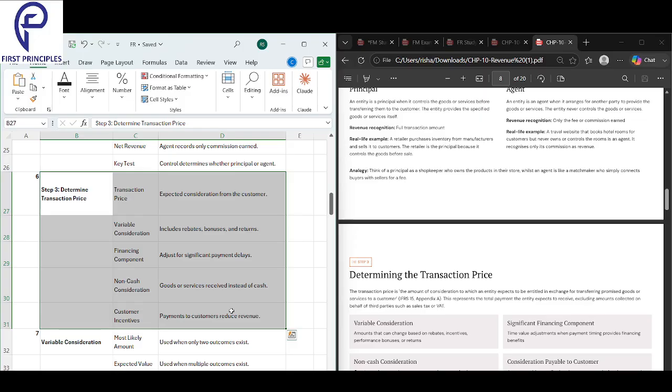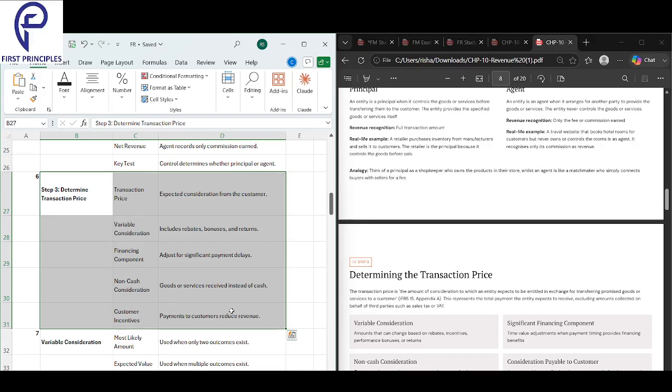Non-cash consideration, goods or services received instead of cash, easy. Customer incentives, payments to customers reduce revenue. Financing component, there's a lot of time gap between the transaction date and the settlement date. Variable consideration includes rebate, bonus, and return. Transaction price, expected consideration from the customer.